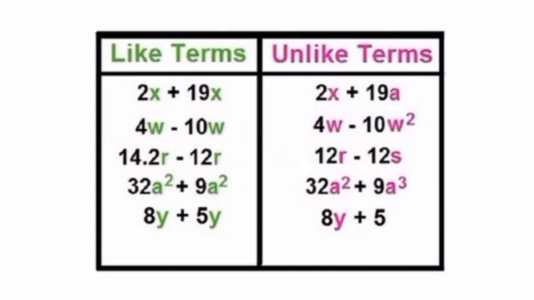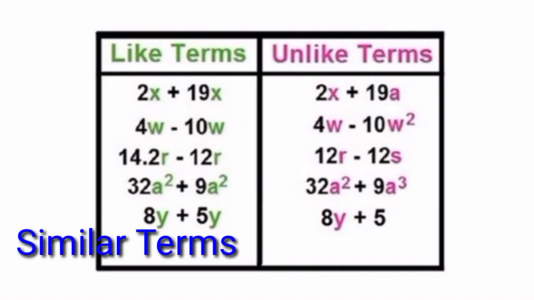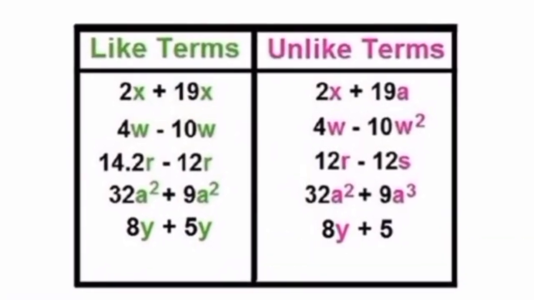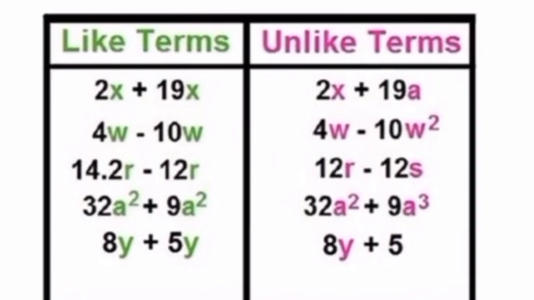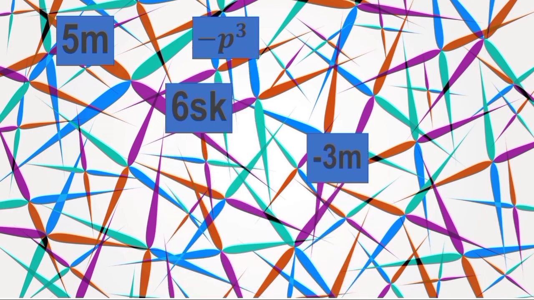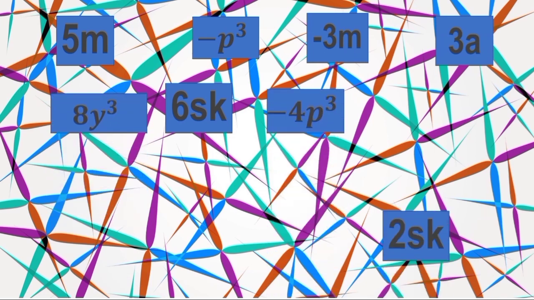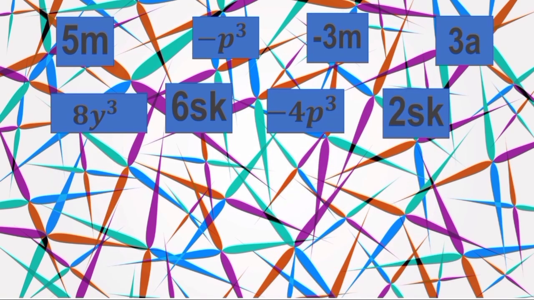Terms having the same literal coefficients are called similar terms or like terms. Otherwise, they are called dissimilar terms or unlike terms. In the given algebraic expressions, which are like terms and which are unlike terms?